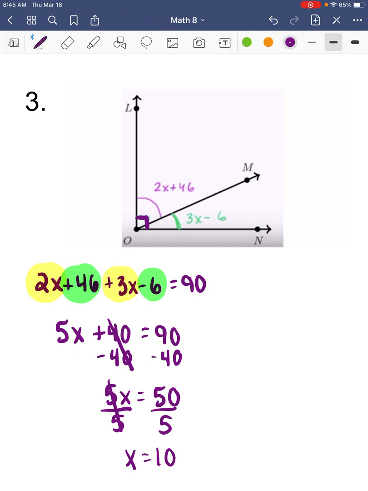So now we have our x, but we're still missing both of our angles. So what we need to do is take 10 and plug it in for x for both angles. So 2 parentheses 10 plus 46 and 3 parentheses 10 minus 6. And find both of those answers to get our missing angles.